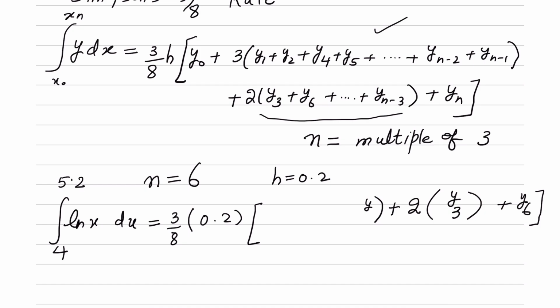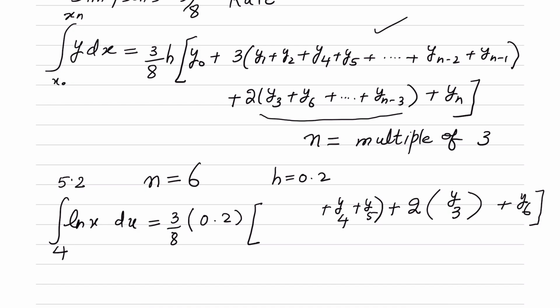So n is 6, 6 minus 1 is 5, plus yn minus 2, n is 6, so 6 minus 2 is 4, so we have y4, and this part says yn minus 1 plus yn minus 2 and goes all the way back to y1 plus y2. So we have y5, y4, and behind y4 we have y3.